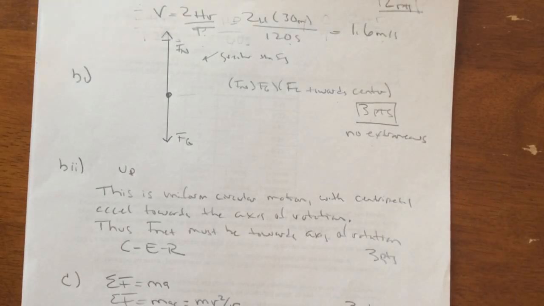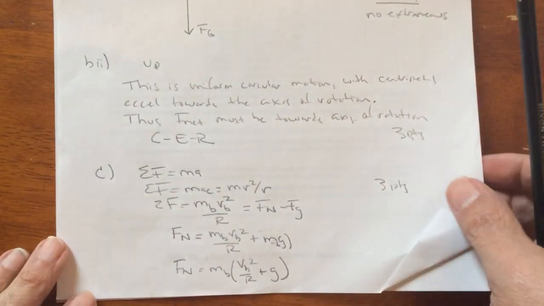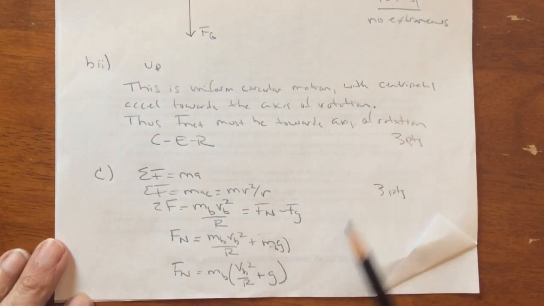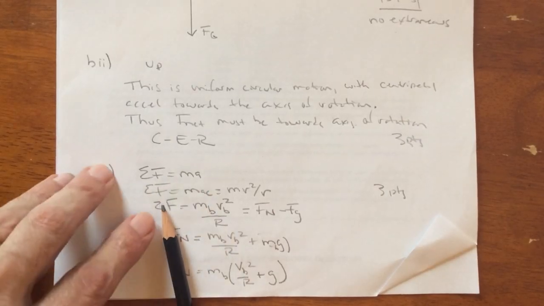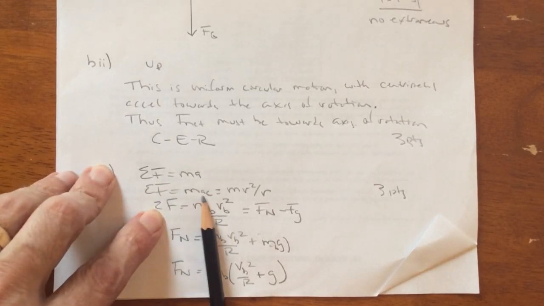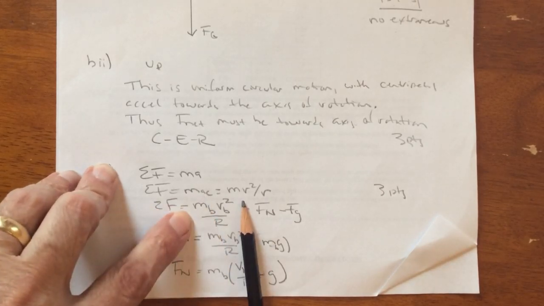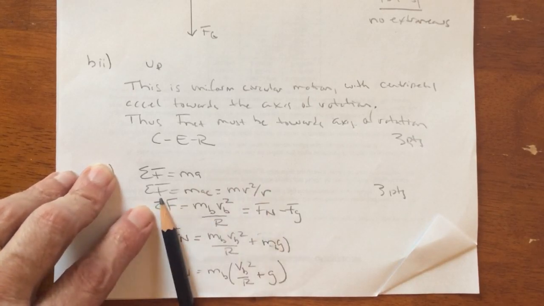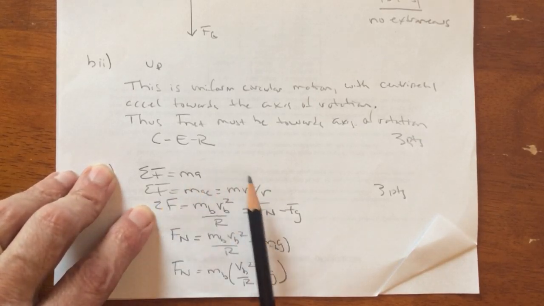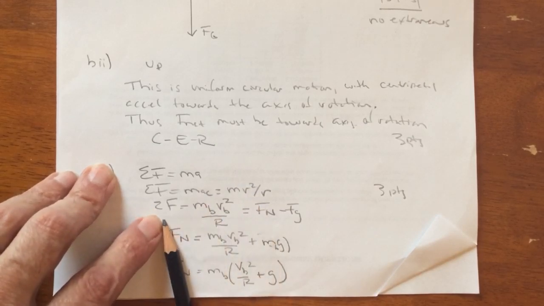Derive an algebraic equation for the vertical force the bench exerts. You're going to walk the dog. Net force equals MA. Net force in this case equals mass times the centripetal acceleration, equals mass velocity squared over R. So your net force is your centripetal force.